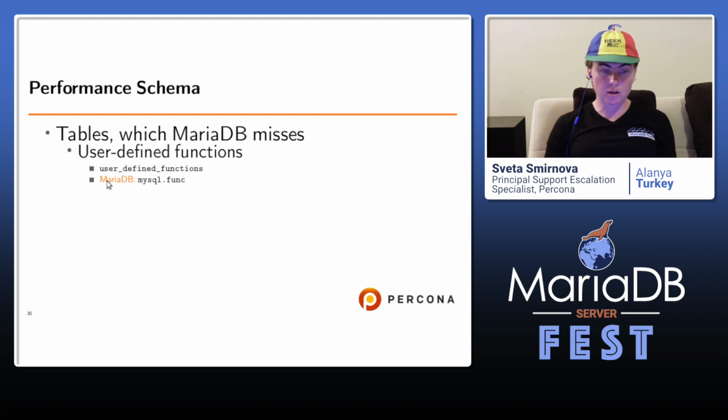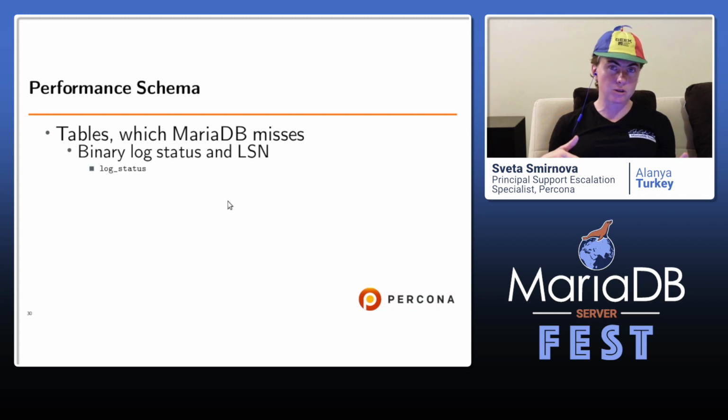User-defined functions exist in the mysql.func table in the MySQL database. Log status, which contains information about the binary log and the LSN of the InnoDB storage engine, again has no such table in MariaDB, but it could be obtained by show master status, and information about the LSN could be obtained from show engine innodb status, though it's not as convenient as using one table.